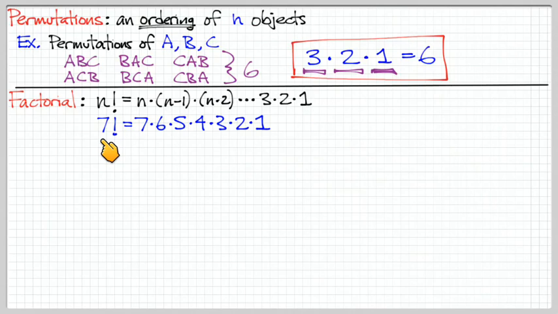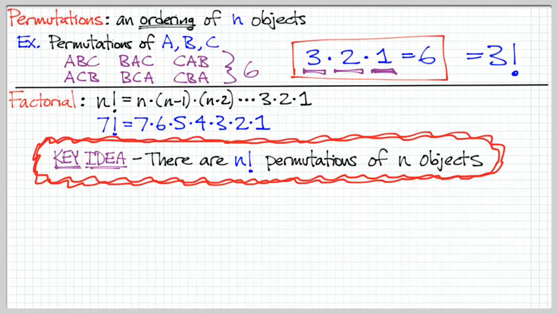So if I have 7 factorial, it's 7 times 6 times 5 all the way down to 1. So another way of writing this up here, instead of 3 times 2 times 1, we can write that as 3 factorial. So this leads to the idea that there are n factorial permutations, ways to rearrange n different objects.